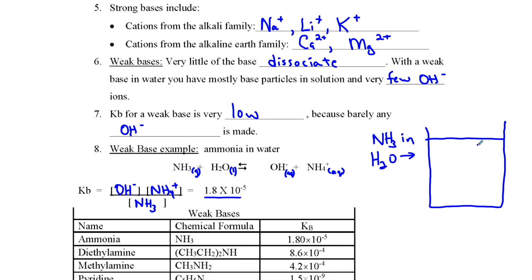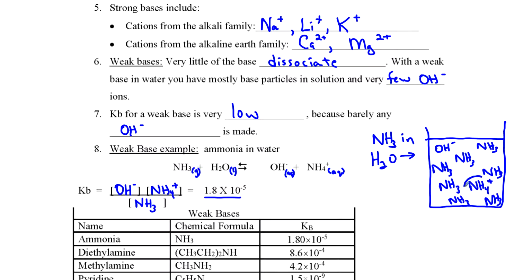What you'd mostly have is NH3 floating around all throughout. And then you'd have just a small amount of the ions. So I'm just going to show that with just one of each ion amidst a sea of NH3.